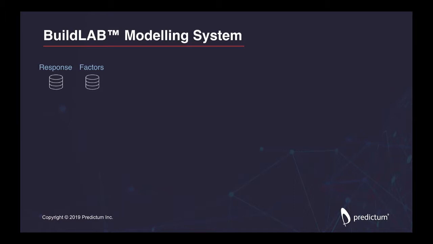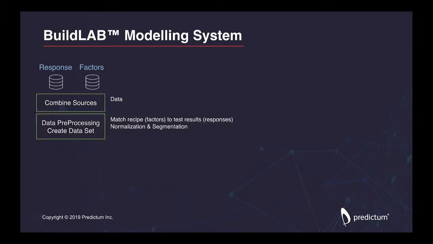So the steps will vary a little bit depending on the situation, but sometimes what we have to do is combine sources of data because they don't sit in one place necessarily. We have to do some pre-processing to match the recipes, the factors, if you will, with the test results, the responses. There's normalization that often has to take place.